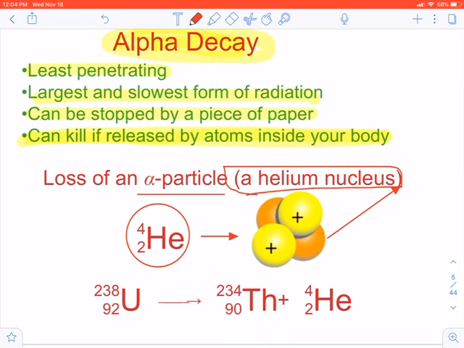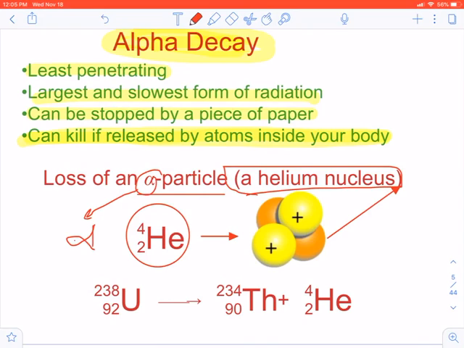So if we say alpha particle, we mean helium. What's kind of nice is we have our symbol here, and the alpha particle is this symbol right here. It kind of looks like a little fish dancing around, swimming around.